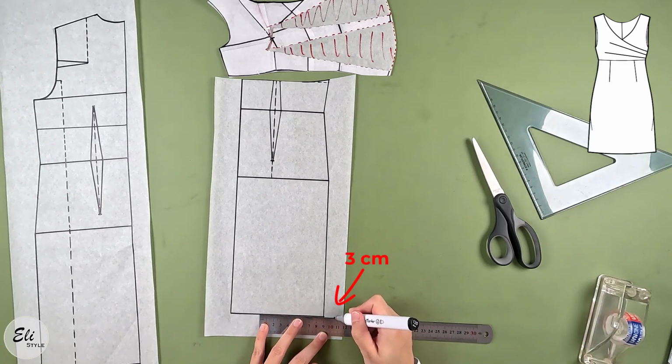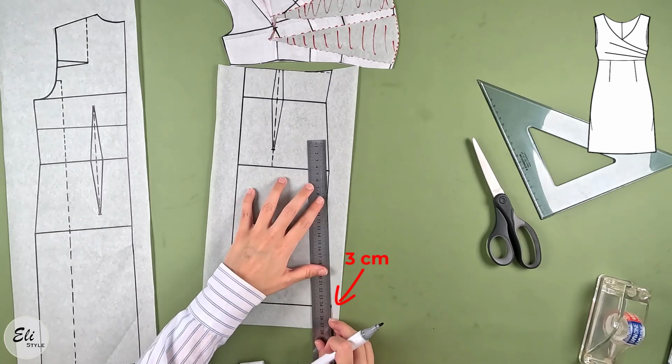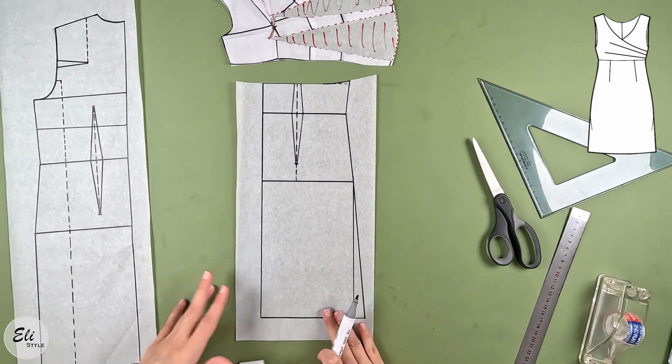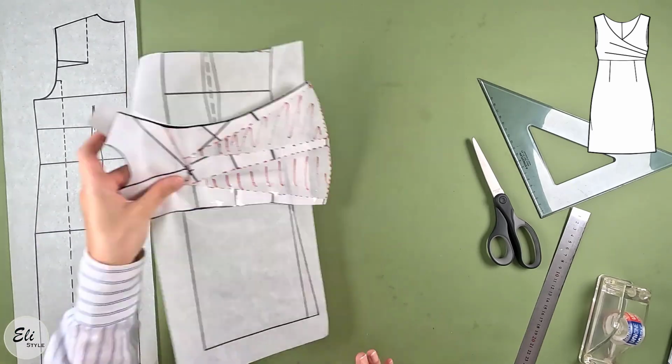Just add up to 3 cm to the side seam for the hemline. If you like, you can design a high slit on the left side under the dart.